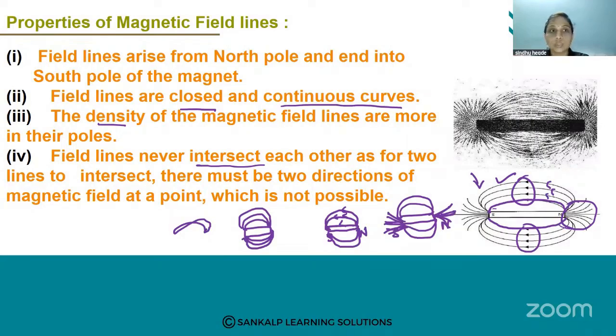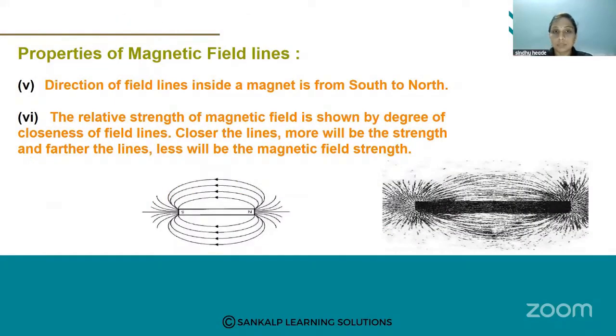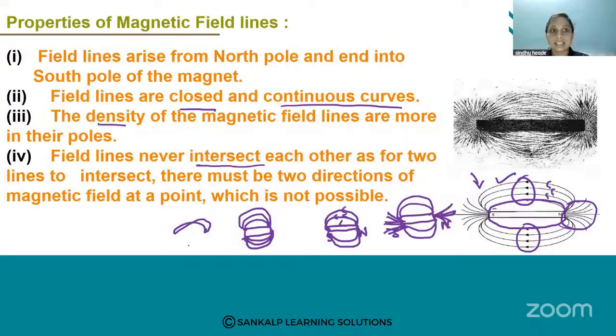Next, fifth property: the direction of field lines inside a magnet is from south to north. See, this is also one of the important properties. We know that field lines are always from north to south, right? In the previous property we said field lines arise from the north pole and end into the south pole, right?